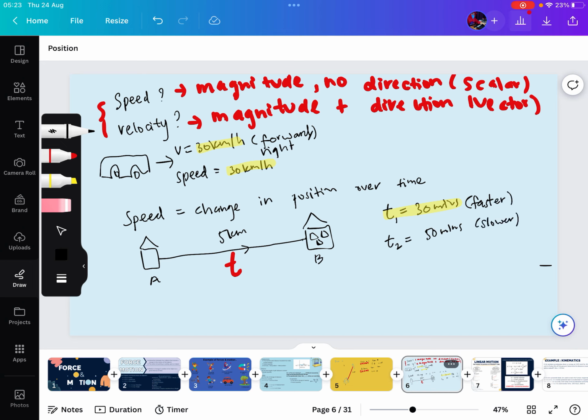Okay, so that's why the formula for speed, or velocity in terms of magnitude, which I just call V, is actually distance, displacement, or S. Displacement in physics we indicate as S, divided by T. So S here is 5 km, final minus initial, divided by, for example, T1 first, 30 minutes.